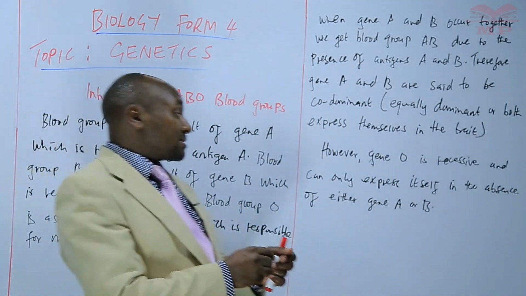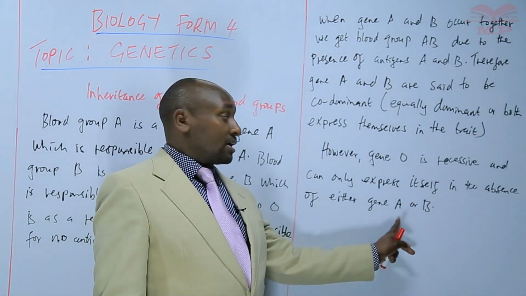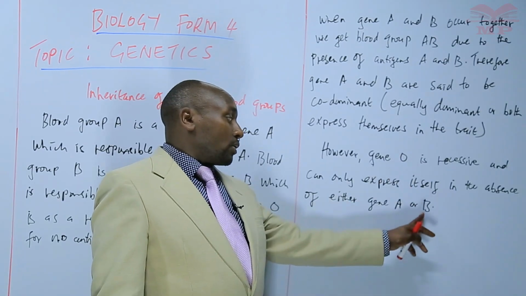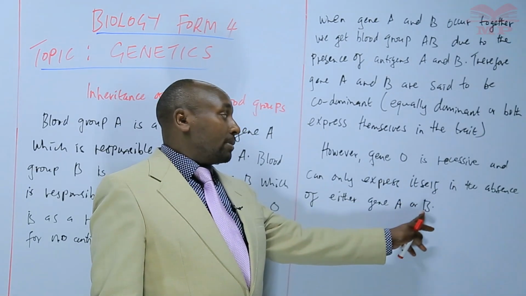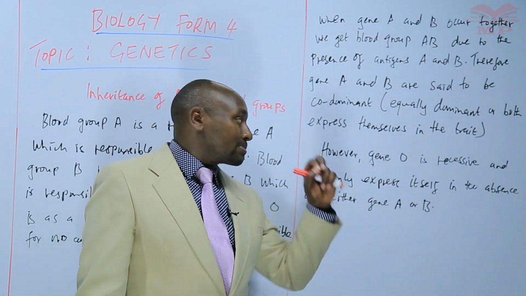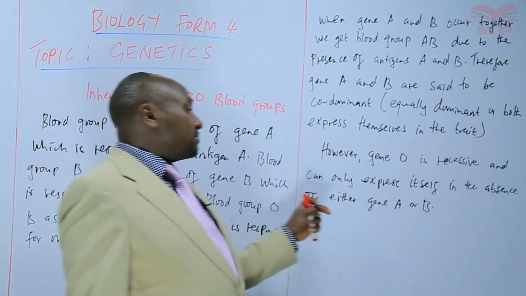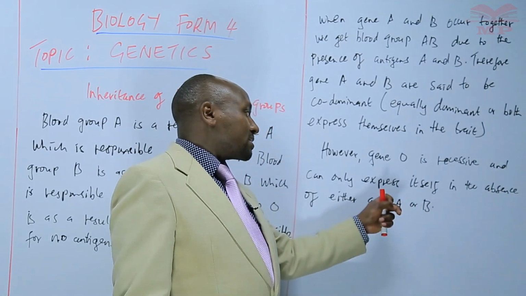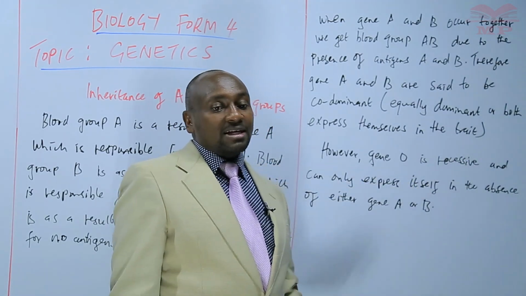Otherwise, if A is present, we get blood group A, even when O is there. When B is present, together with O, we get blood group B. So O can only express itself in the absence of A and B. That's why we are saying that it's a recessive gene.